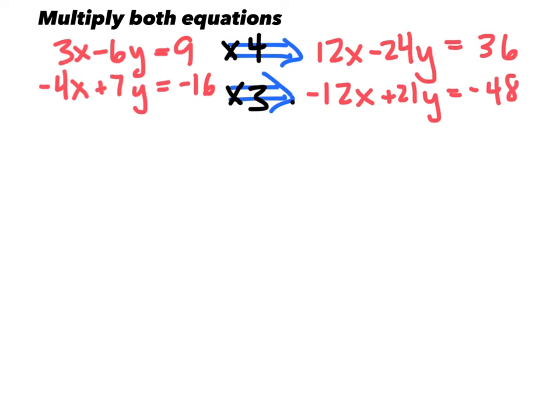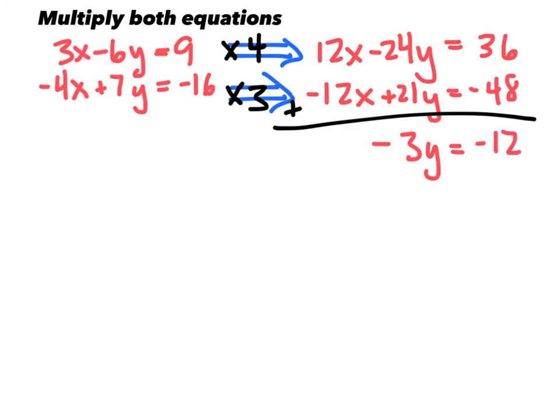All right, now let's add the equations together. The x's are going to cancel each other, so I have negative 3y is equal to negative 12. Divide both sides by negative 3. Negative divided by negative is positive 4. And then remember, just go back and plug these into either of the original.